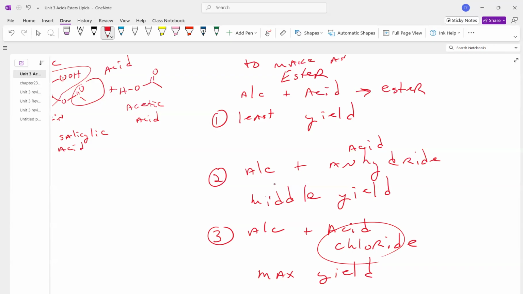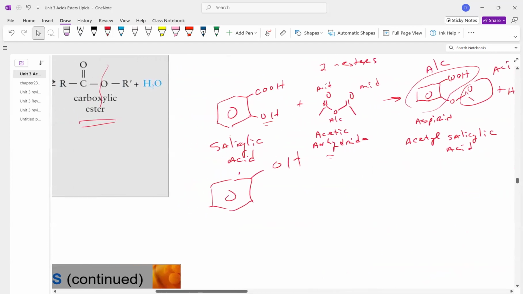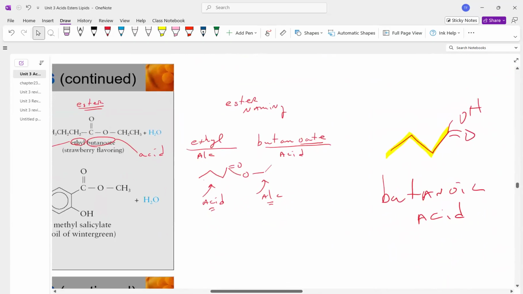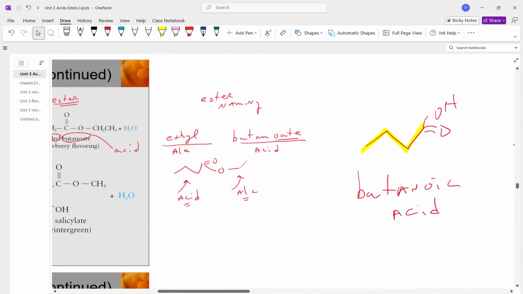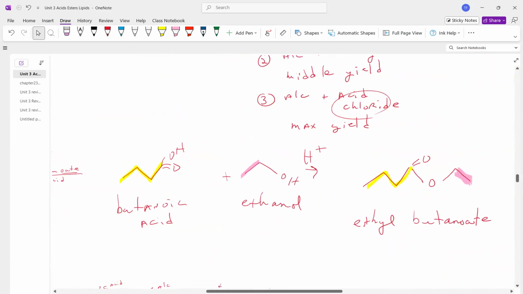Okay, so let's look at an example here. Okay, if we're going to take method number 1, and we wanted to make ethyl butyrate, or butanoate, what do we start with?